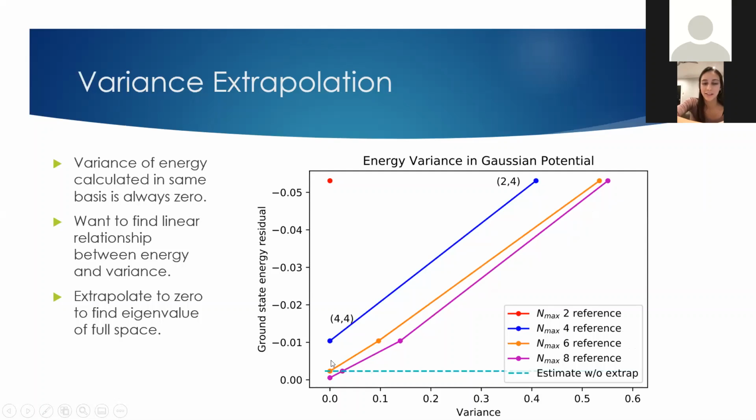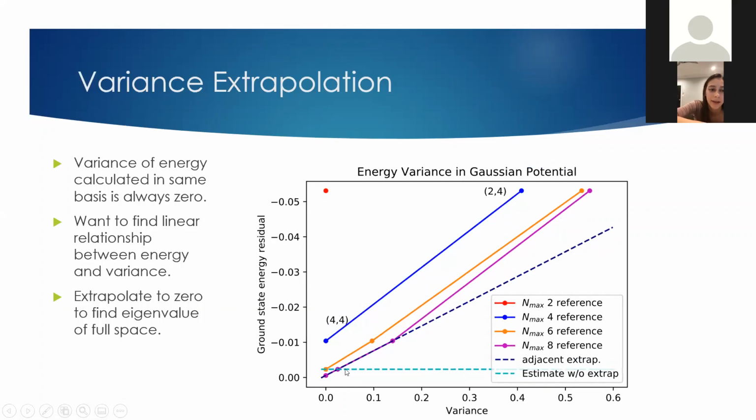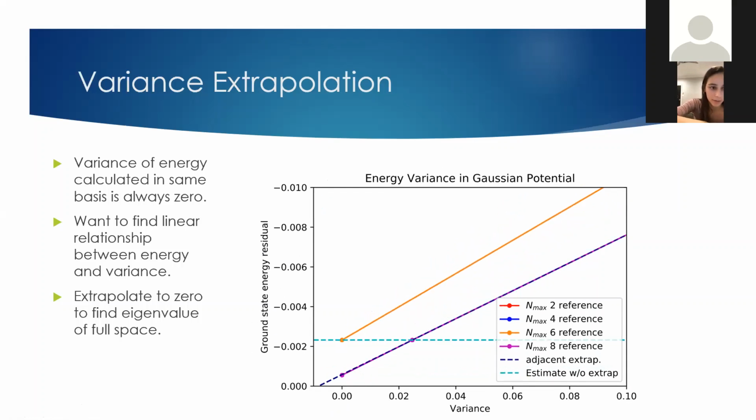However, if you use variance extrapolation, this point would be the energy from a basis size of 4 embedded in a basis size of 8, and this point right here is the energy from basis size of 6 embedded in a basis size of 8. And if you form a linear relationship between these 2 points and find the y-intercept where it's at 0 variance, this will be your estimate for the solution in full space. So if you see here, that's pretty accurate.